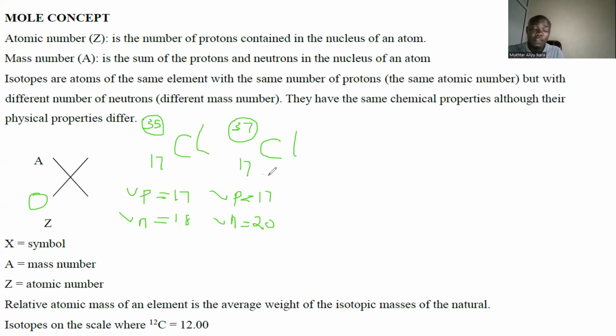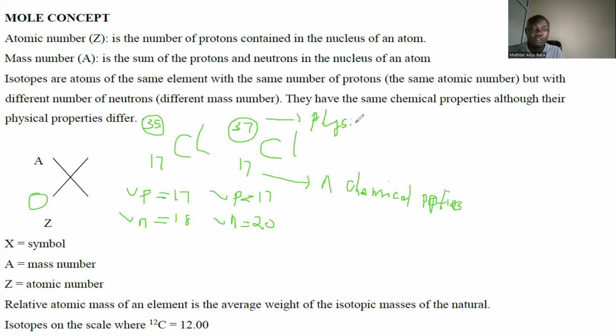Ladies and gentlemen, one very important thing you need to understand: atomic number is what determines the chemical properties of an element. The chemical properties of an element are identified based on their atomic number, while the mass number determines the physical properties.